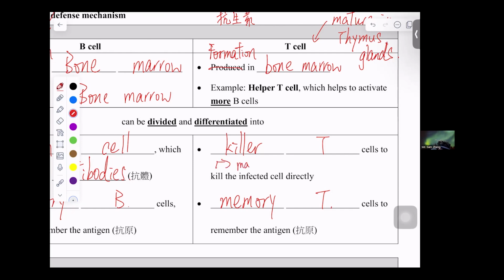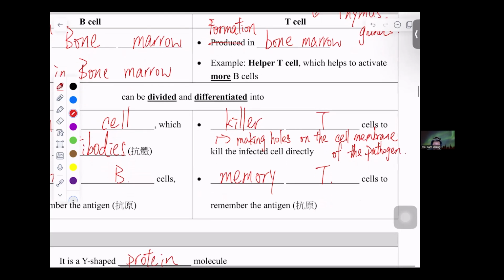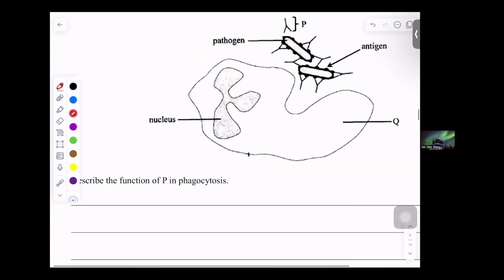By making some holes on the cell membrane of the pathogen. Then there will also be memory T cells for us to remember the antigen. Okay, now we have this idea.